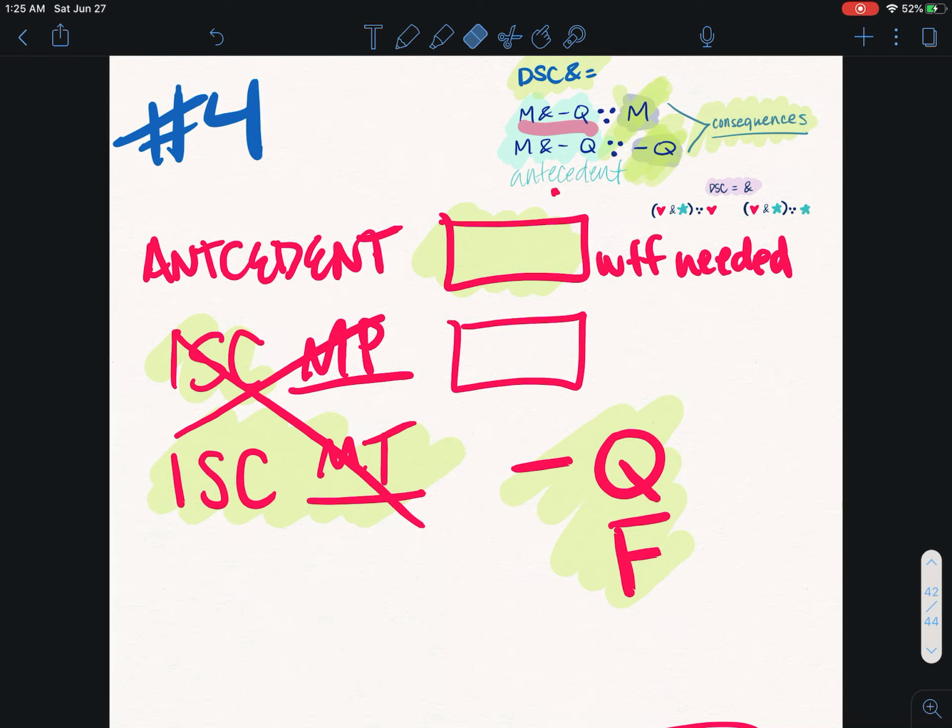I hope that makes sense. I don't even think it makes sense, but let me just rewrite the question and tell me if you get it this way, okay?